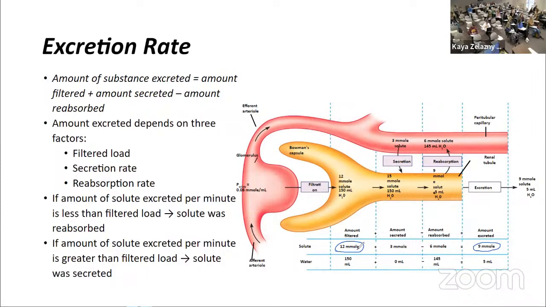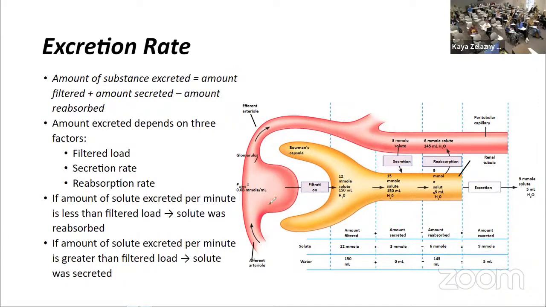Because where are those other 3 millimoles? You reabsorbed them overall. So with just these two numbers, you can tell that on net, in this example, we reabsorbed net 3 millimoles. In truth, we were secreting 3 millimoles and reabsorbing 6, but overall, we took 3 back and excreted 9.